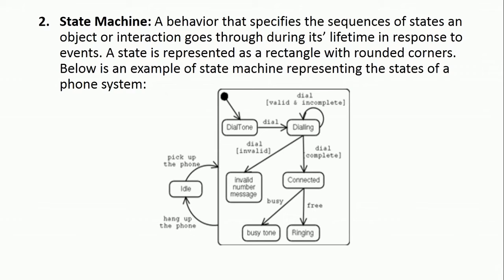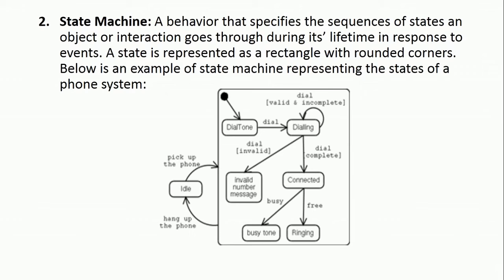Now the state machine. A behavior that specifies the sequences of states an object or interaction goes through during its lifetime in response to events. A state is represented as a rectangle with rounded corners.